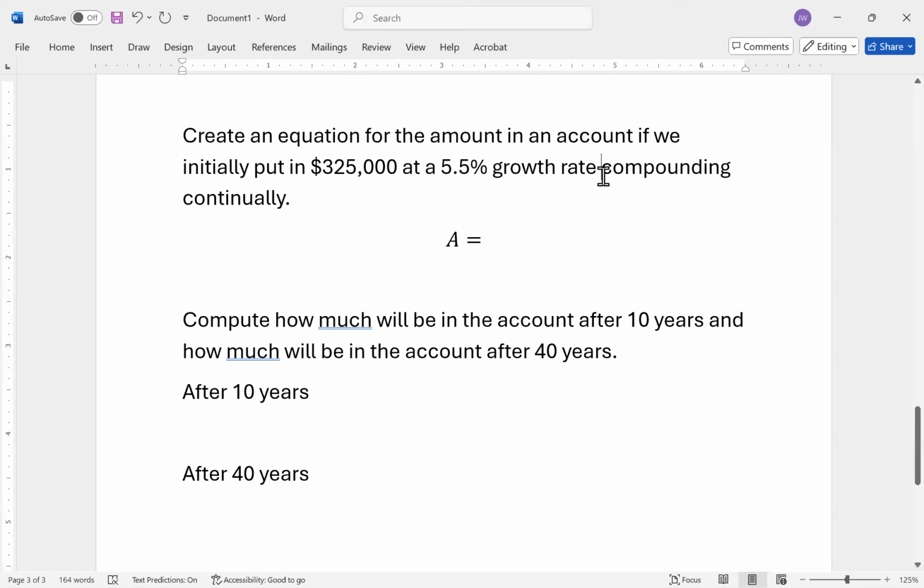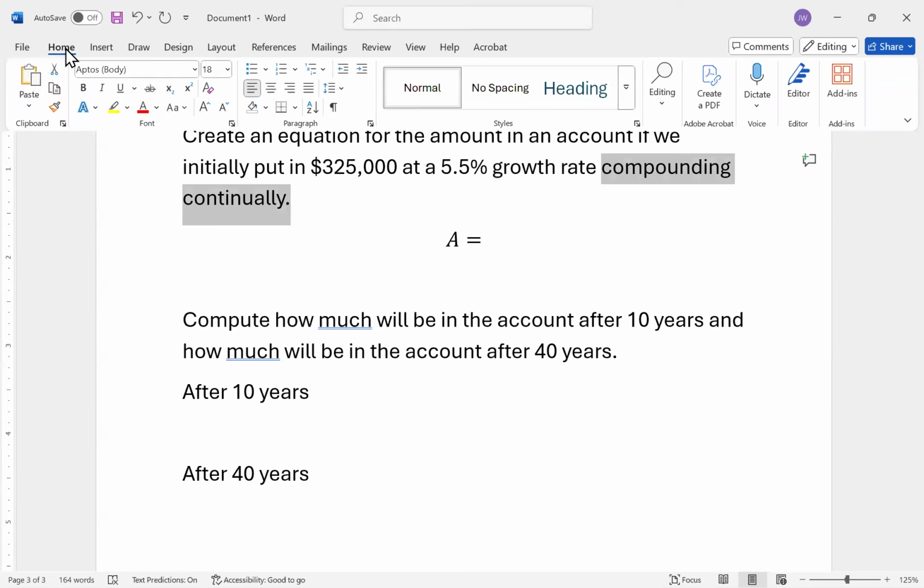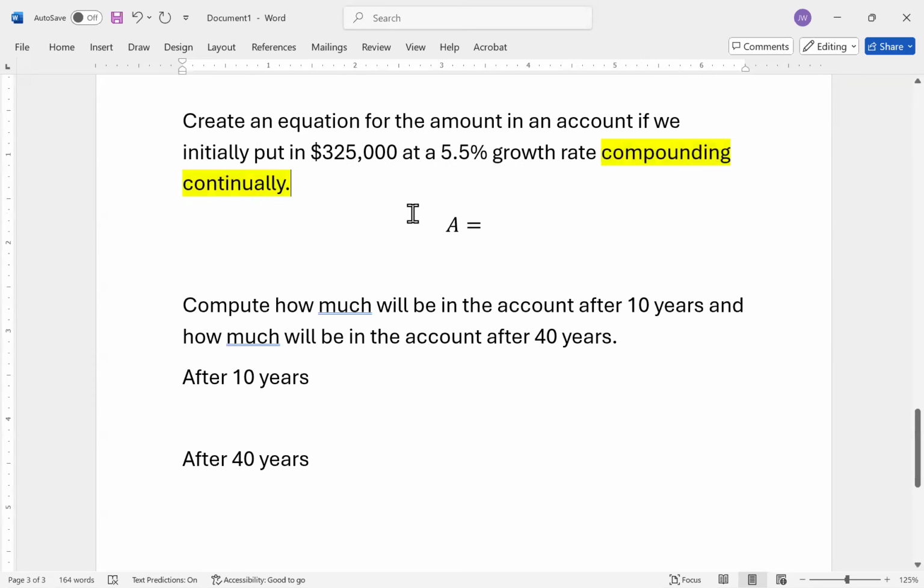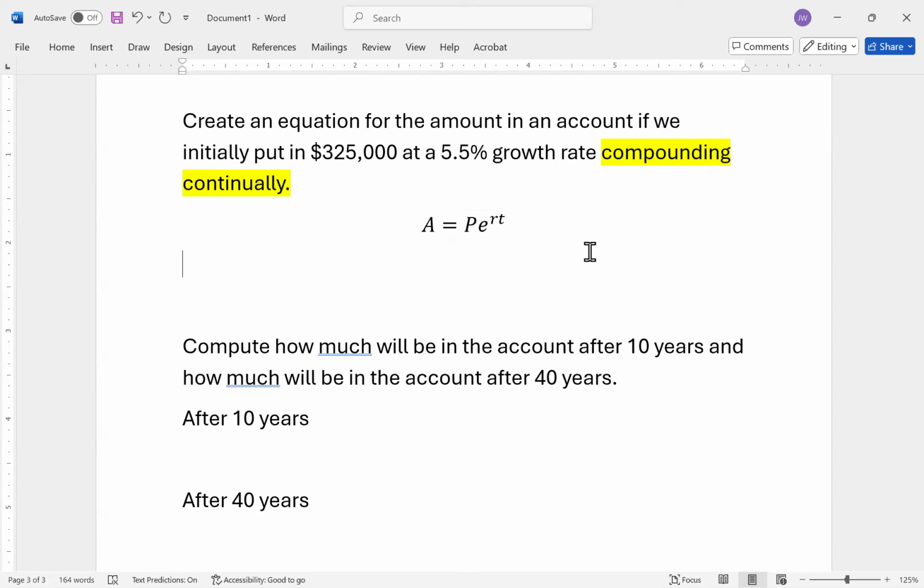All right, the key thing here is that we are compounding continually. So because we're compounding continually, I can use the A equals PE raised to the RT power. In this case, since we're starting with 325,000, that's my principal.